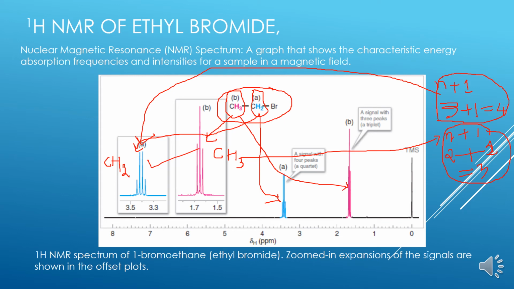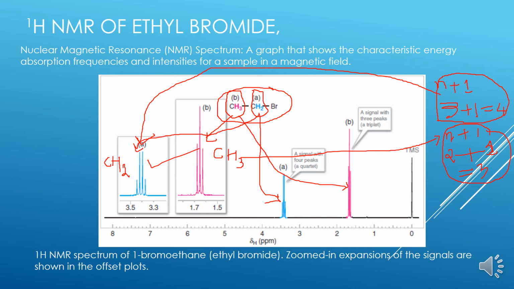Okay, the NMR spectrum of bromoethane is zoomed in, and the explanation of the signals is shown in offset plots. Inside, in another picture I have given, that is the zoomed form. This will be the offset plot of this one.